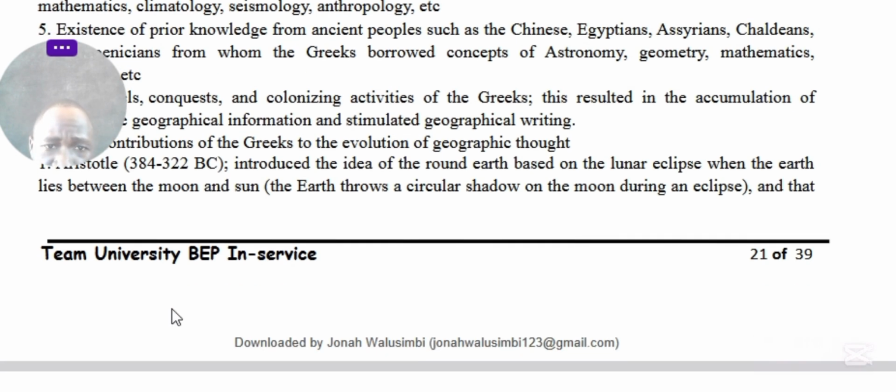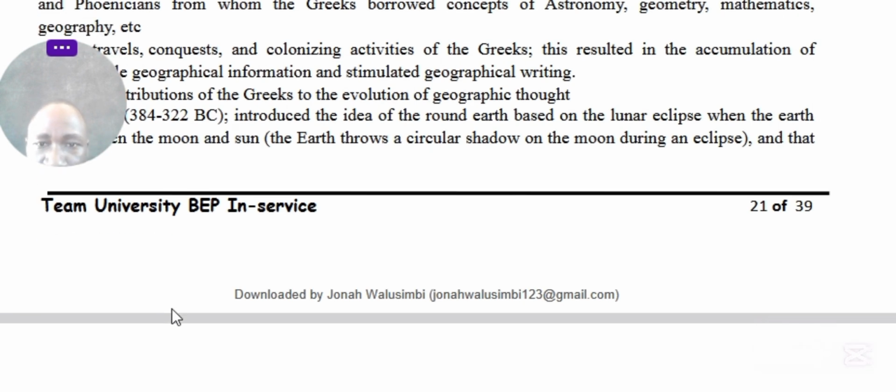These people even had prior knowledge from their ancestral people, such as the Chinese and the Egyptians, who gave them information about geography, whereby they borrowed the concept of mathematical geography from the Chinese and Egyptians.